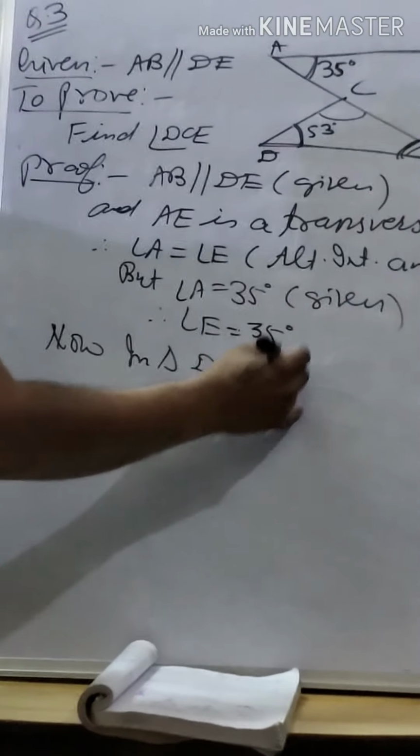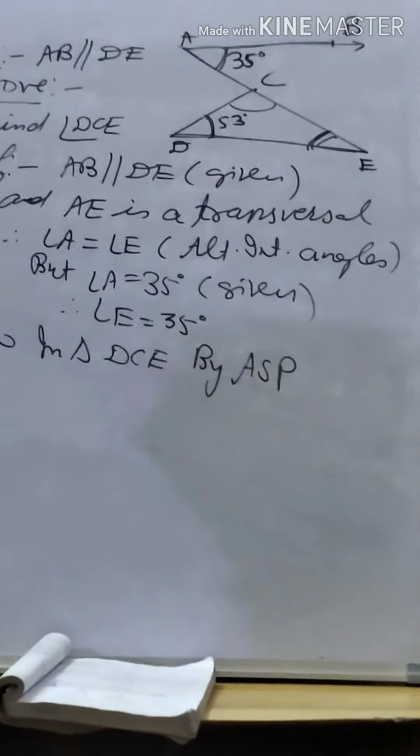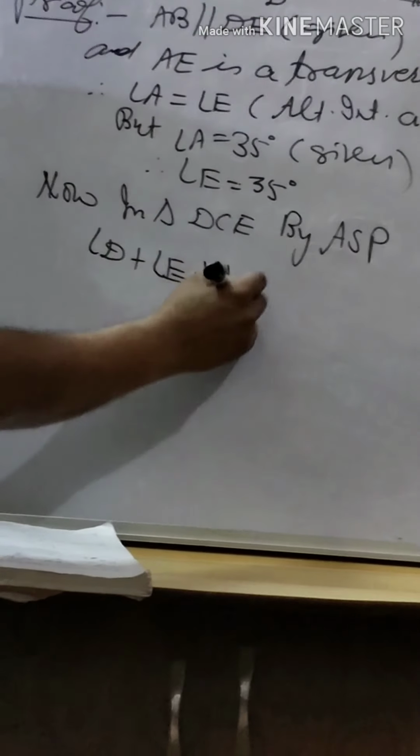in triangle DCE, by the angle sum property of a triangle, the sum of the three angles of a triangle is equal to 180 degrees. So angle D plus angle E plus angle DCE is equal to 180.